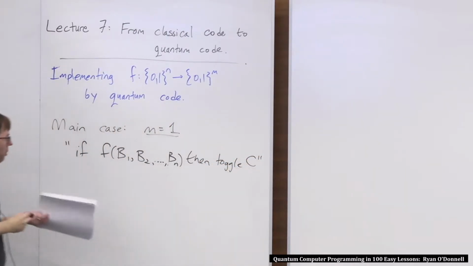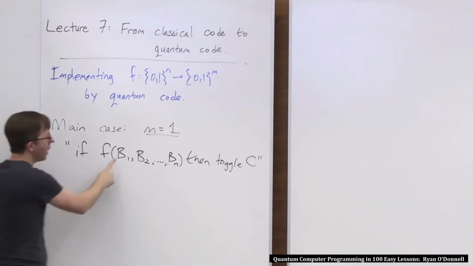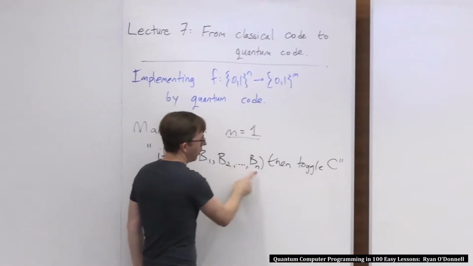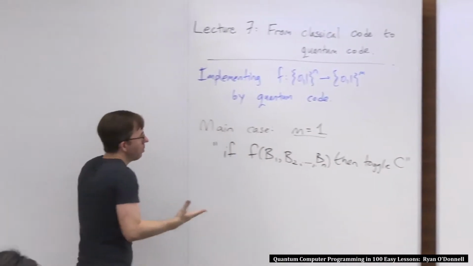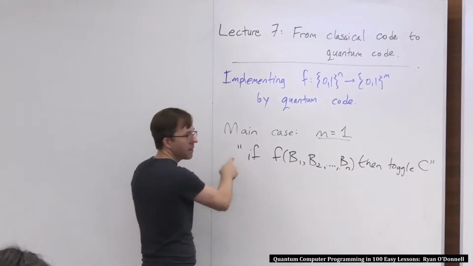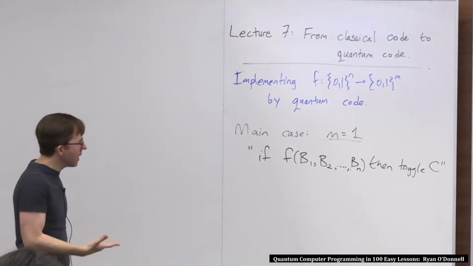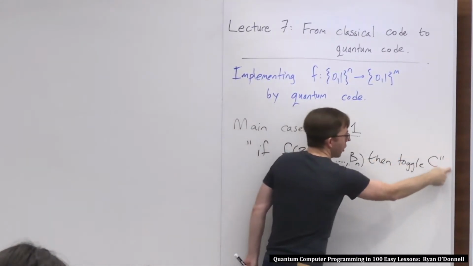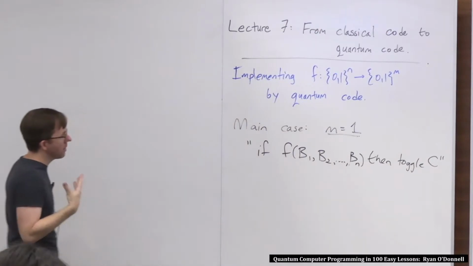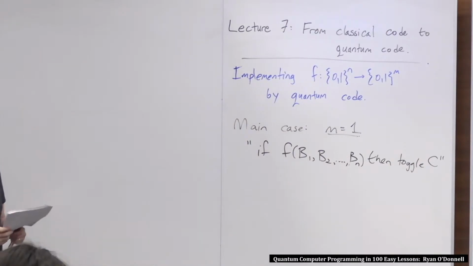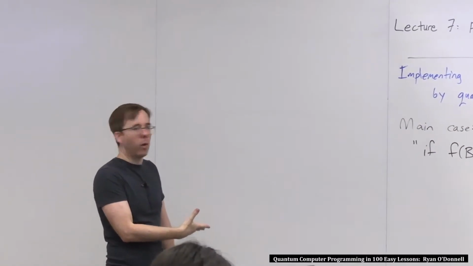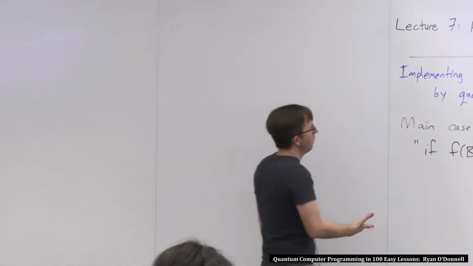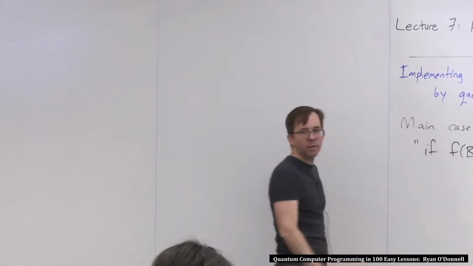Okay, so you want to build a subroutine that effectively operates on n plus 1 qubits, called b1 through bn and c, and has the property that your quantum subroutine does this. The reason we set it up this way is that this is eligible to be done, because this instruction, if you think about it for a moment, is a classical reversible instruction. So in principle, it can be done on a quantum computer, and this is a sensible way to talk about doing this.